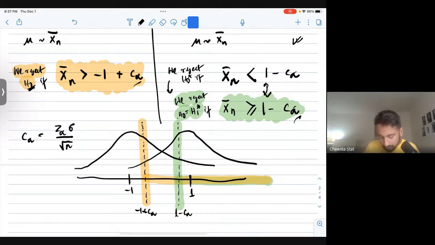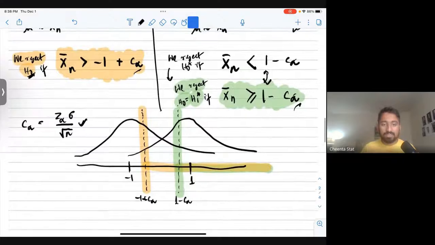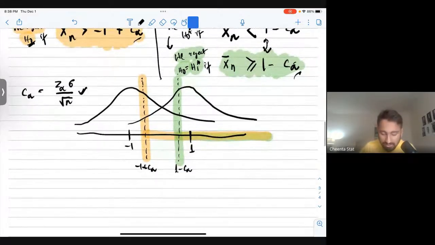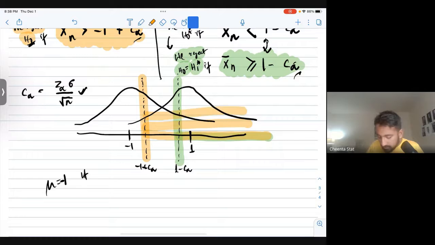So what do we get diagrammatically? We get that c alpha is this quantity. In the first case, if we fix the type 1 error and minimize the type 2 error, we reject that mu is equal to minus 1 if the mean is on this side, the yellow side.